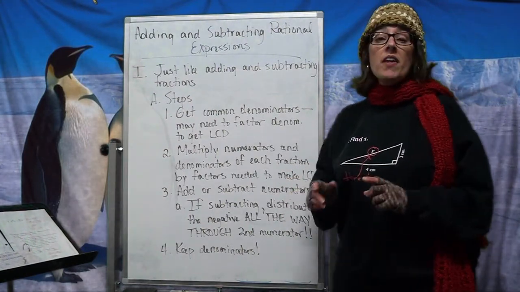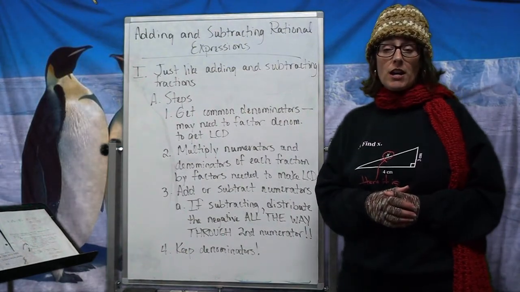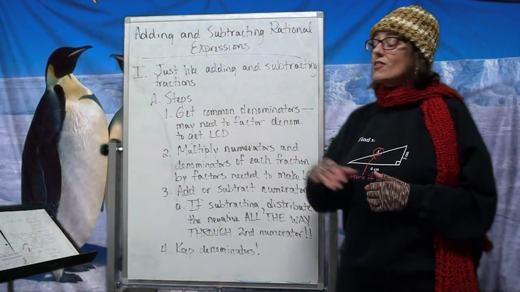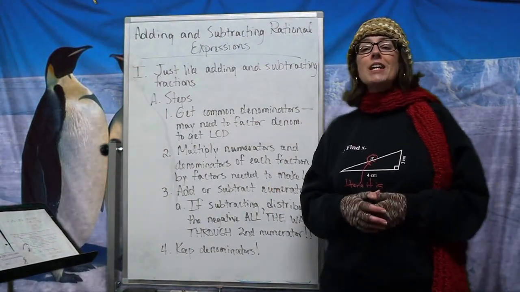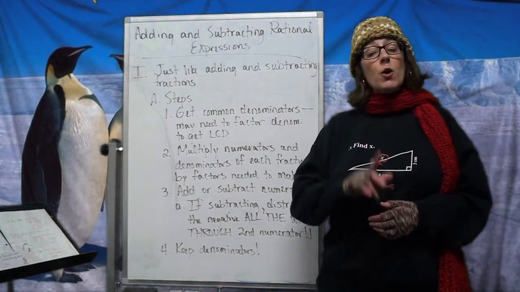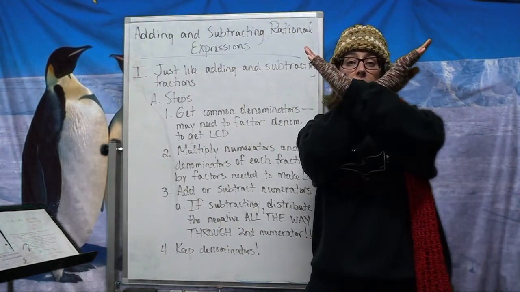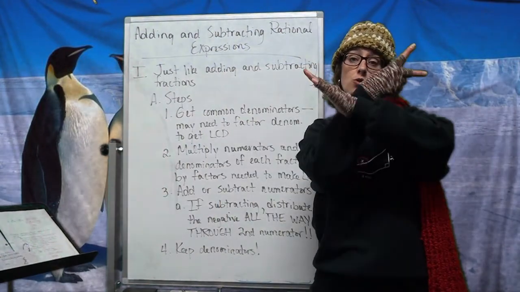Now recall that since they are just fractions, the steps for adding and subtracting rational expressions is going to be just like the steps for adding and subtracting regular fractions. So we need to recall, what does it take to add and subtract fractions? Remember, the gang symbol tells us that when we multiply fractions, we cancel on those diagonals, cancel up and down, and we shoot straight across.